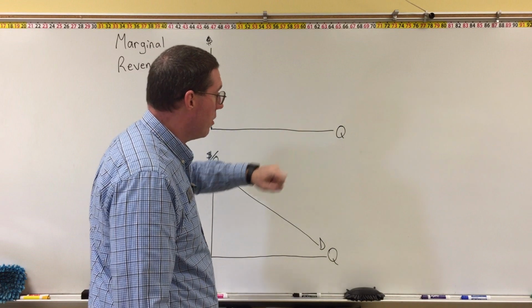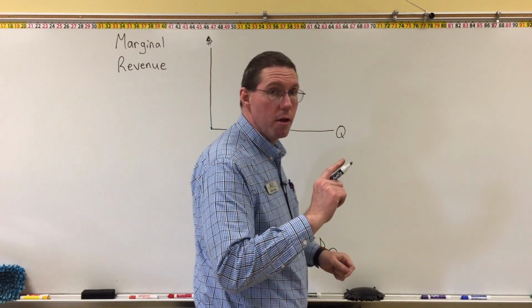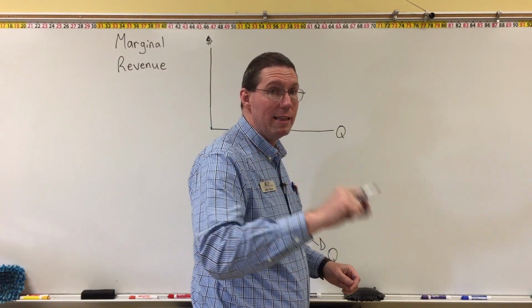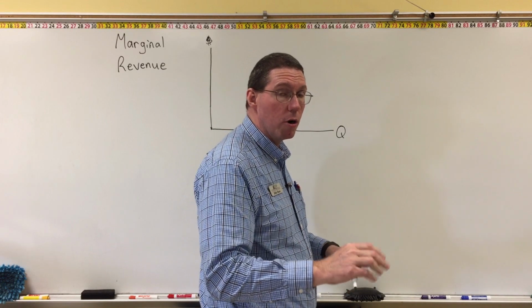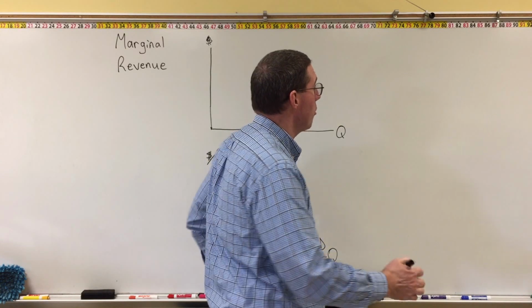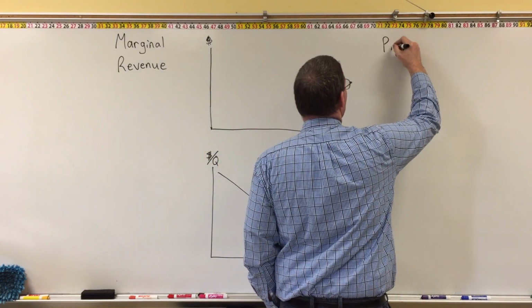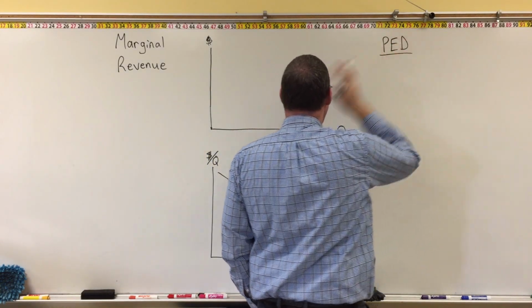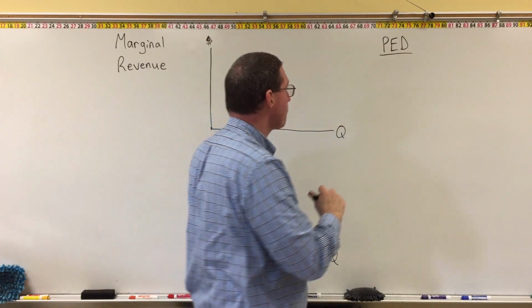But the next thing that I need to remind you about is we have to go back and recall elasticity. In particular, we need to remember elasticity of demand. There are two things I'm going to remind you about price elasticity of demand that are relevant to what we're about to talk about.